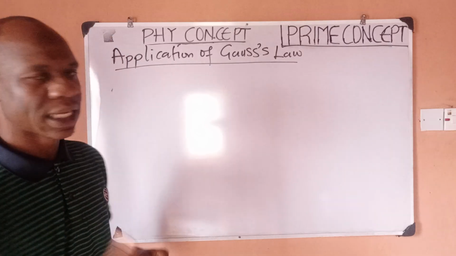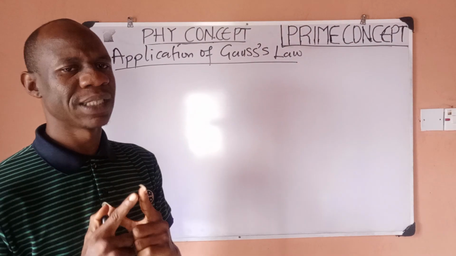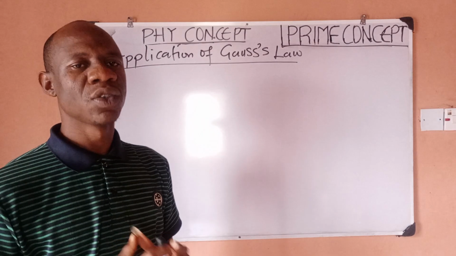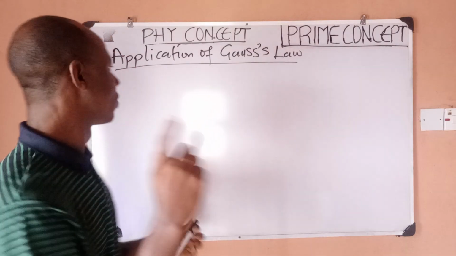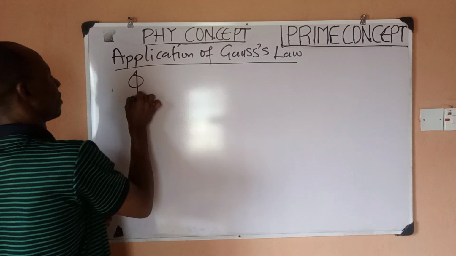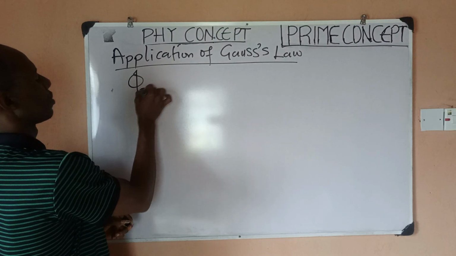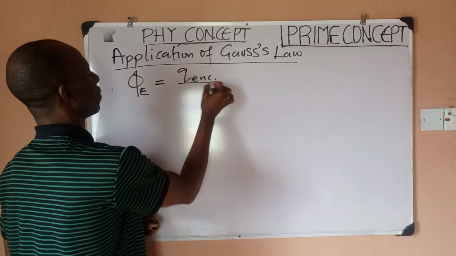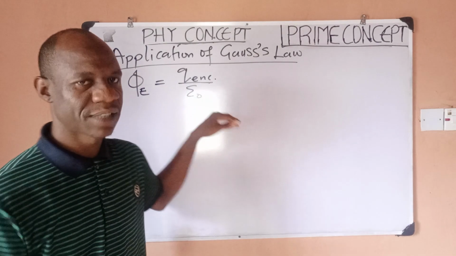Now the first thing, a quick reminder, is that Gauss law simply says that the net flux through an enclosed surface is proportional to the charge enclosed, which means mathematically, Gauss law is given as: the net flux through an enclosed surface is Q, the charge enclosed, divided by permittivity of free space. So this is Gauss law mathematically.